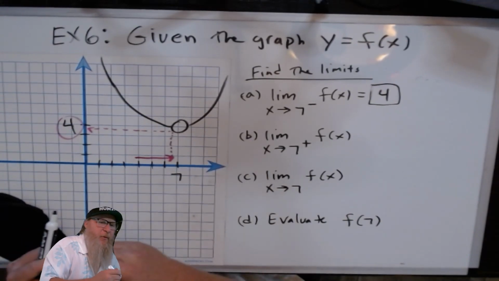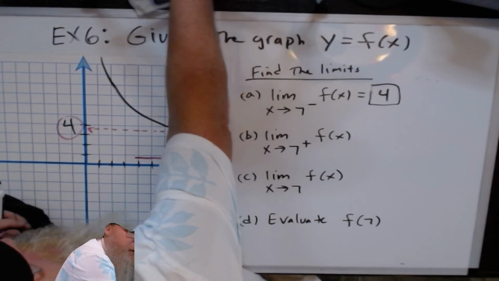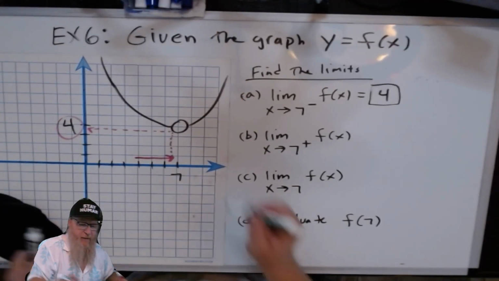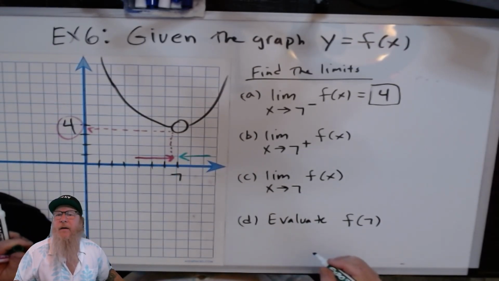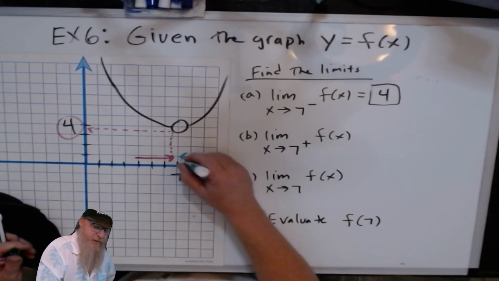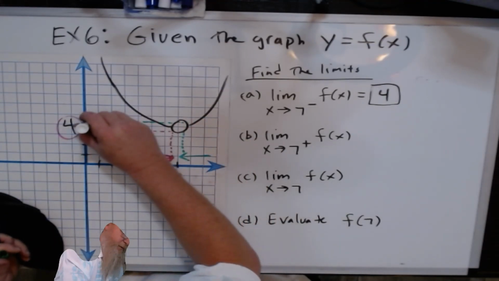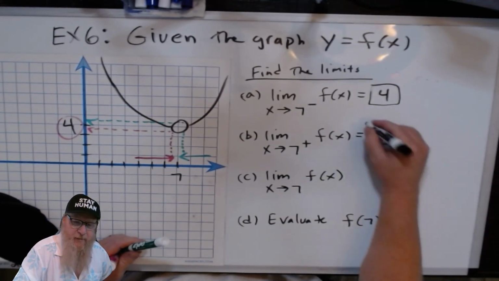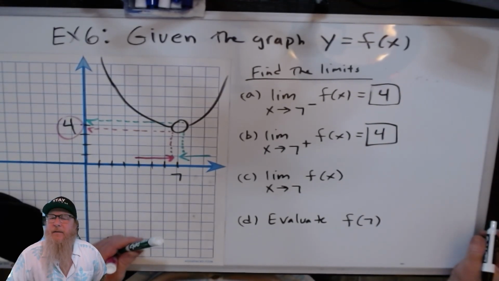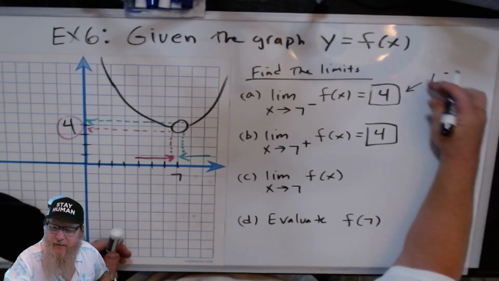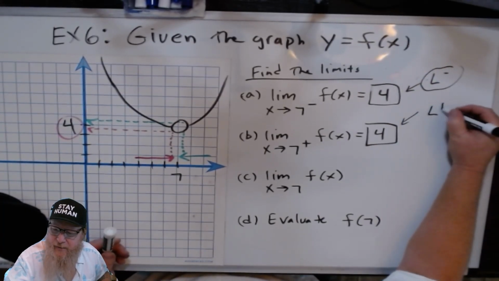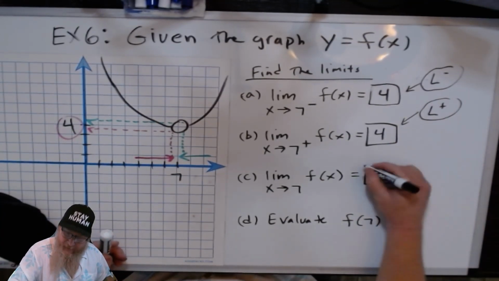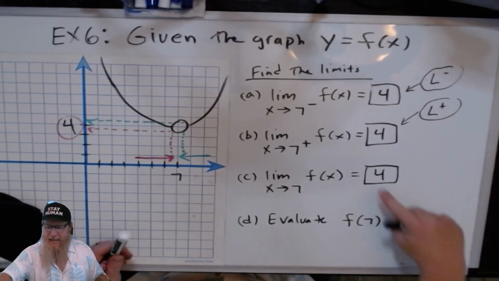As we approach it from the right, it's still getting close to 4. All right. So this is our L minus. This is our L plus. And they are equal to each other. So the limit exists. And it's equal to that.